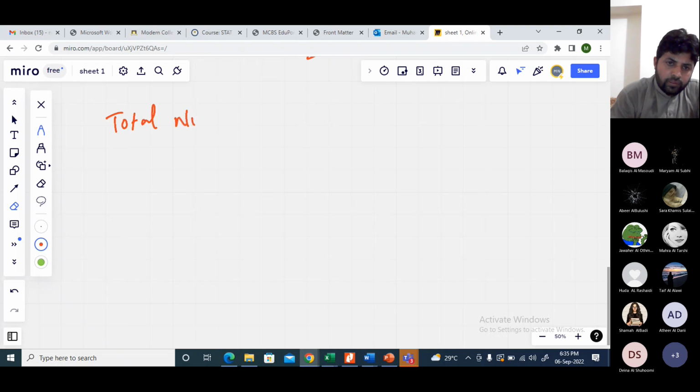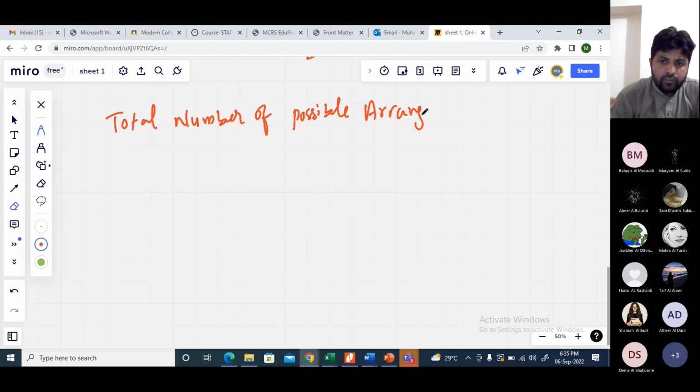Total number of possible arrangements. Both combination and permutation.